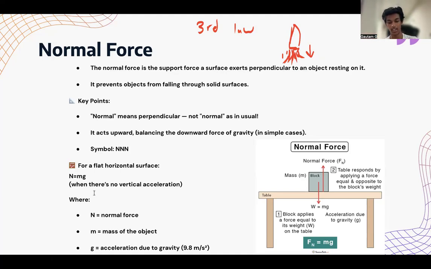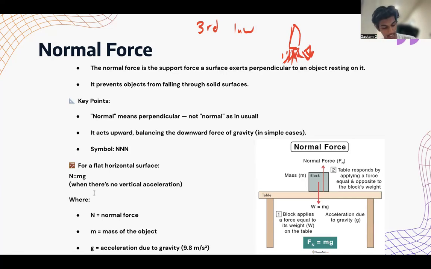When this gas is pushed really fast and hard downwards, what does the rocket do? It flies up, right? It starts to go up.